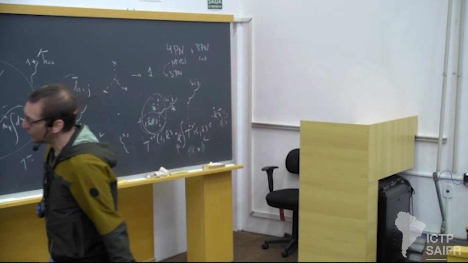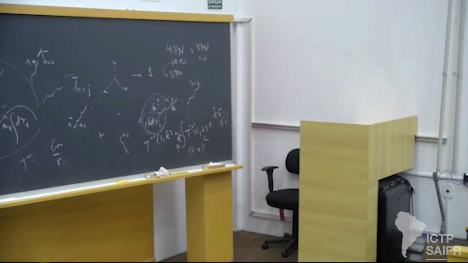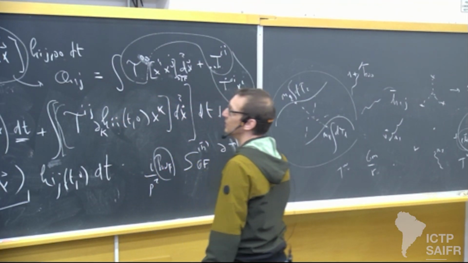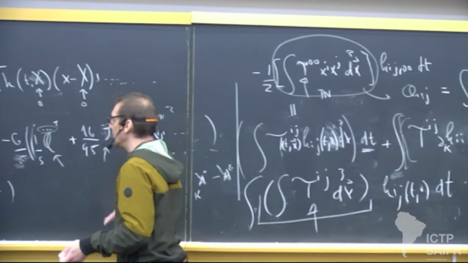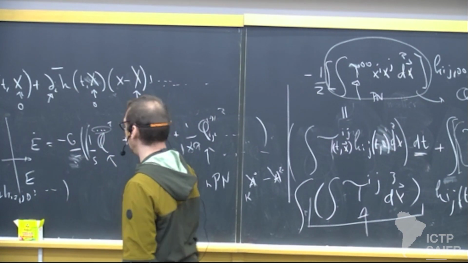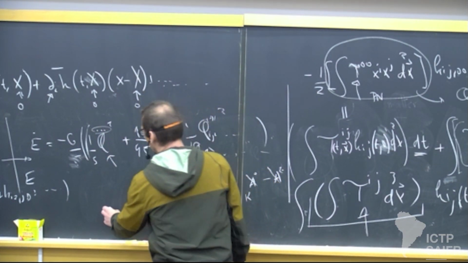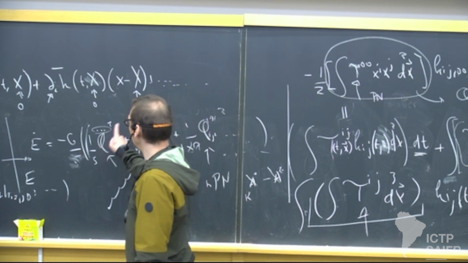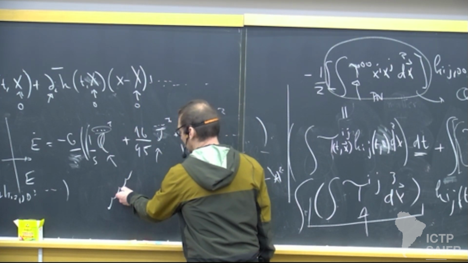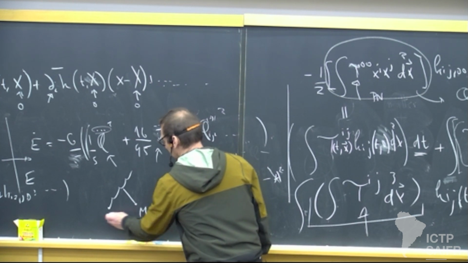There are a lot of subtleties that we will encounter on the way, which are, for example, these tails. This is not the end of the story. What I just told you is correct, modulo the nonlinear interactions in the far zone, which means that when I told you I could compute the 1-point function and I got this square, I was kind of cheating because this guy can also talk to the mass.